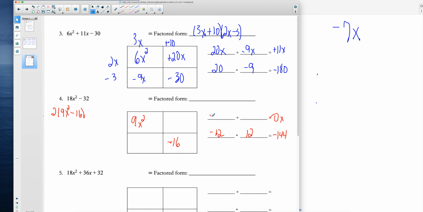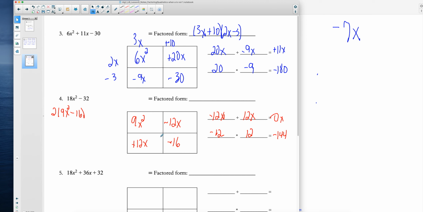That means negative 12x and a positive 12x, and that gets us to 0. So I can drop that negative 12x into here, and I'm going to drop the positive 12x into this one.